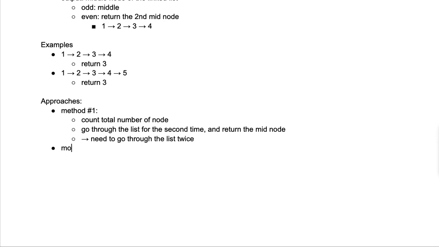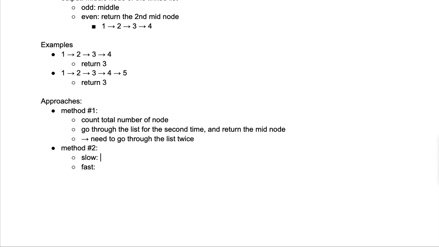So is there a way that we can just go through the list once? Okay, let's talk about method number 2. In this method, we can define 2 pointers, a slow pointer and a fast pointer.